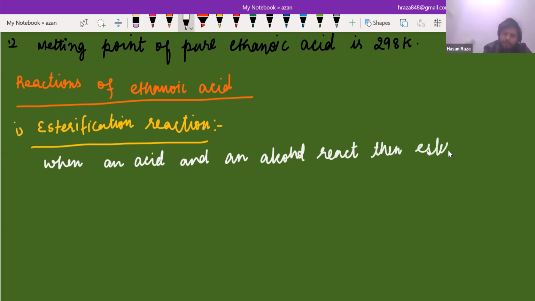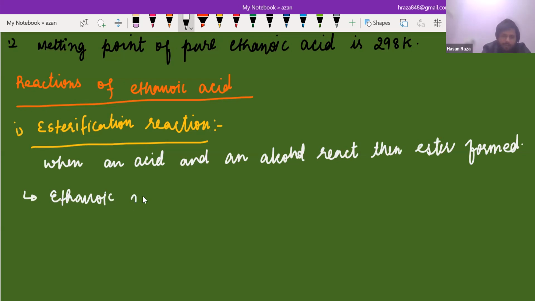How does the reaction take place? You can write about this ethanoic acid because we are going to react it with alcohol.